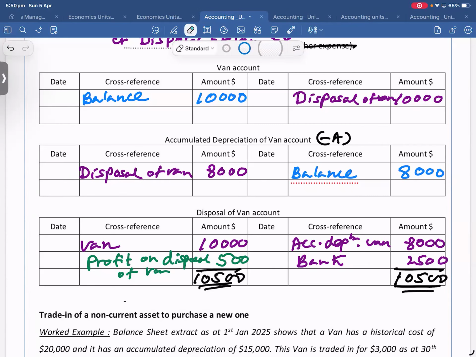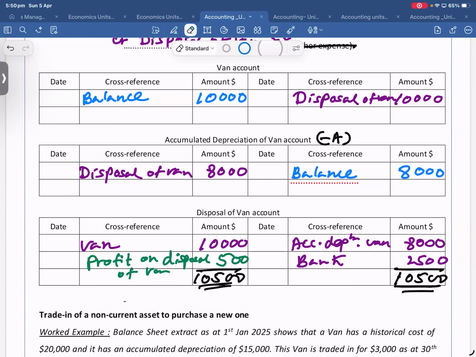Otherwise, we can't figure out if it is a profit or a loss. That's why, guys, I included a special entry saying ensure the depreciation has been done before you do the disposal. Otherwise, you will forget it. But if you follow my steps, you won't go wrong.